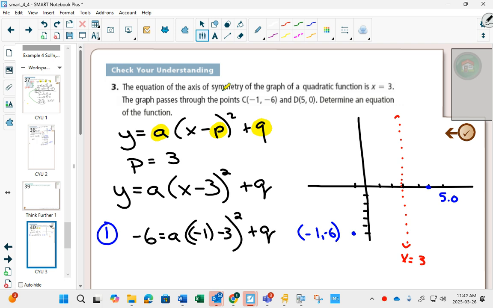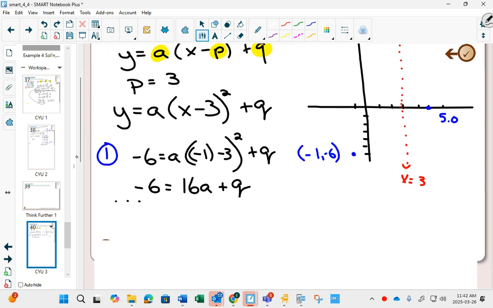That creates an equation with a and q. In fact, I can simplify that equation a little bit. -1 minus 3 is -4, and -4 squared would be 16. So simplified, I have the equation -6 equals 16a plus q.